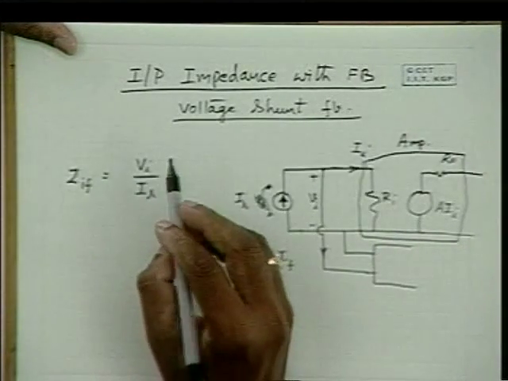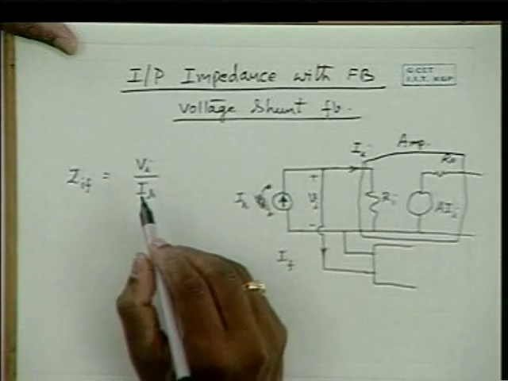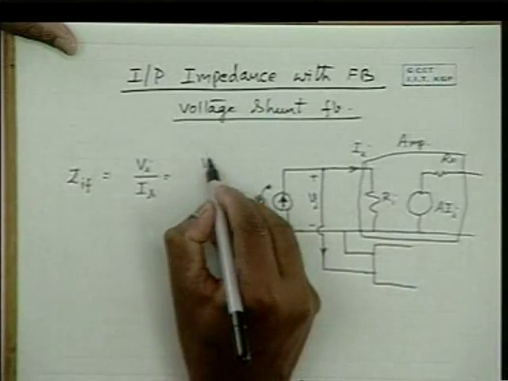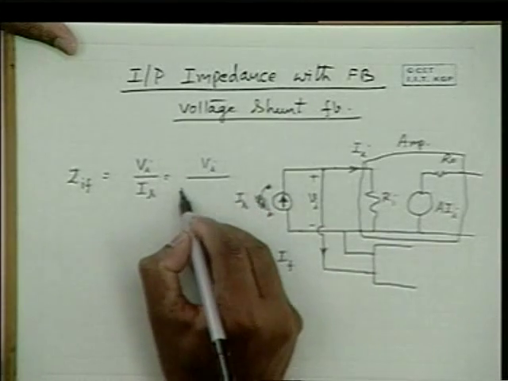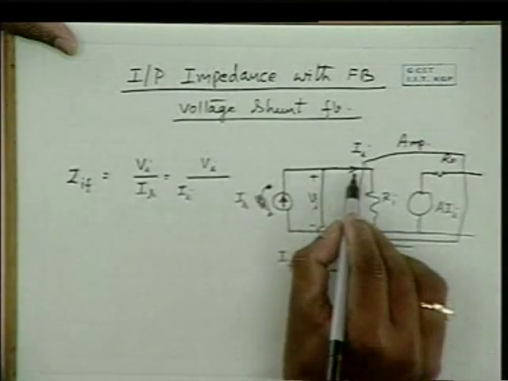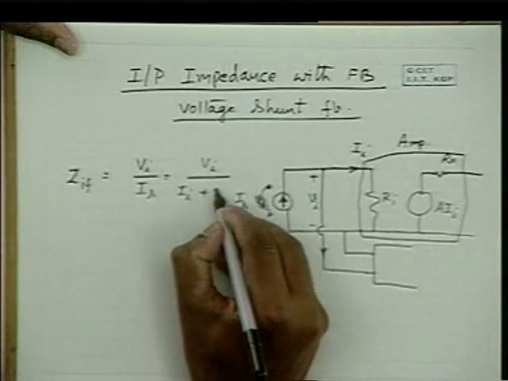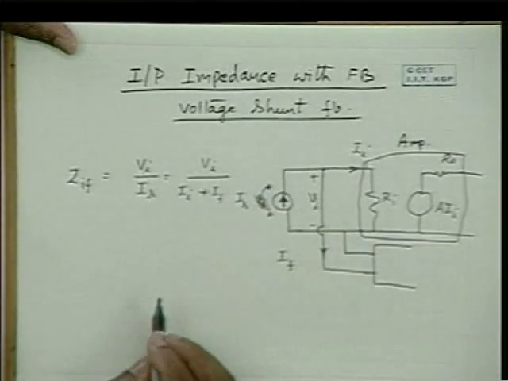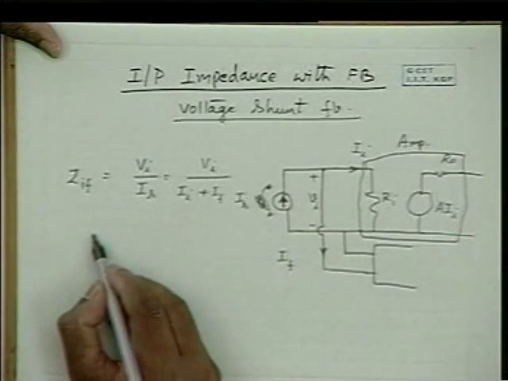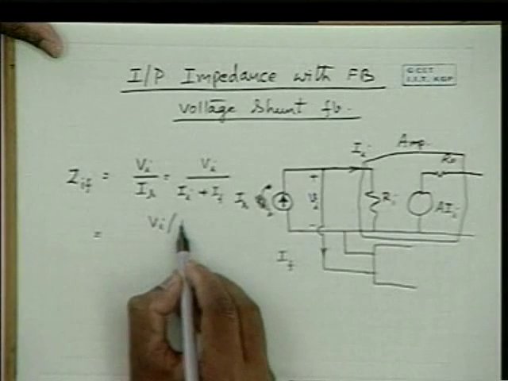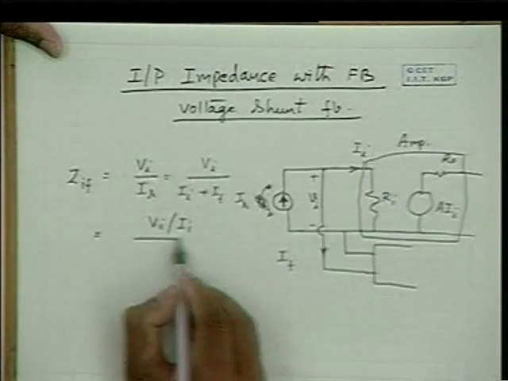And naturally the Is here is equal to Ii, the input current, plus the feedback current.